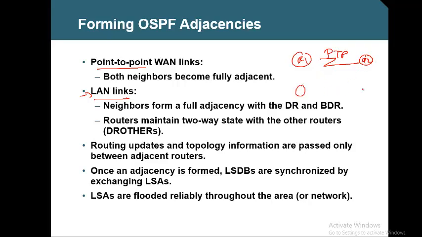When we have something like this, we get multi-point or broadcast type. In this, there will be a DR-BDR election. In this, no DR-BDR. So during the adjacency process, there will be master and slave in point-to-point. After that, no master, no slave once the adjacency is established.